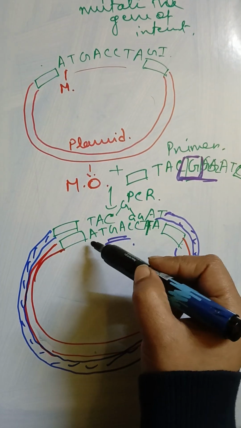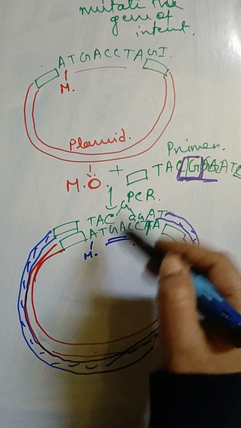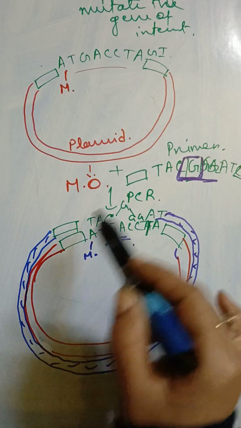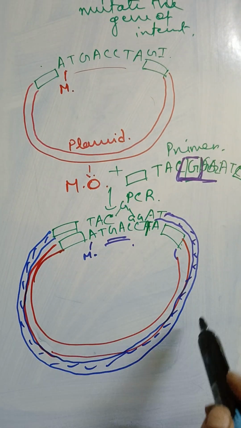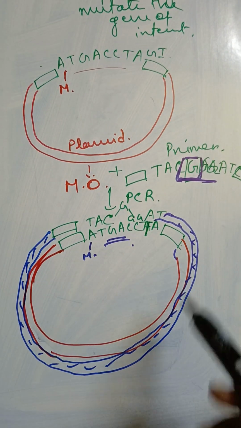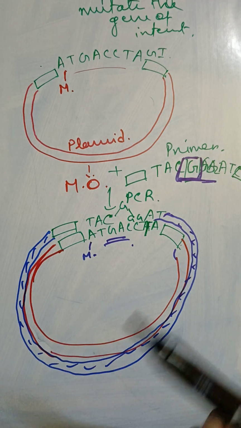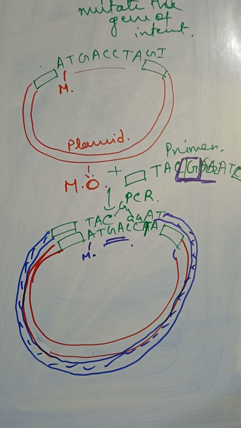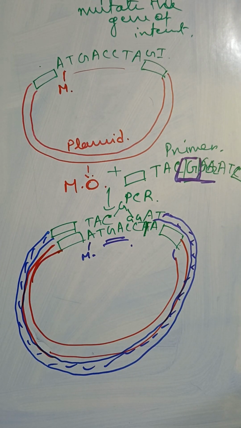And with the methylation in the parental strand and this new modification, a new DNA strand will be produced, and a huge number of copies of this gene of interest will be produced with the help of the PCR method. Okay, so in this way site directed mutagenesis works.